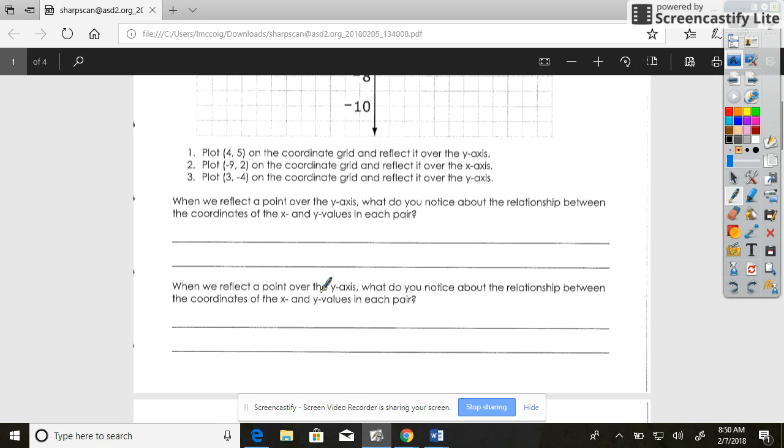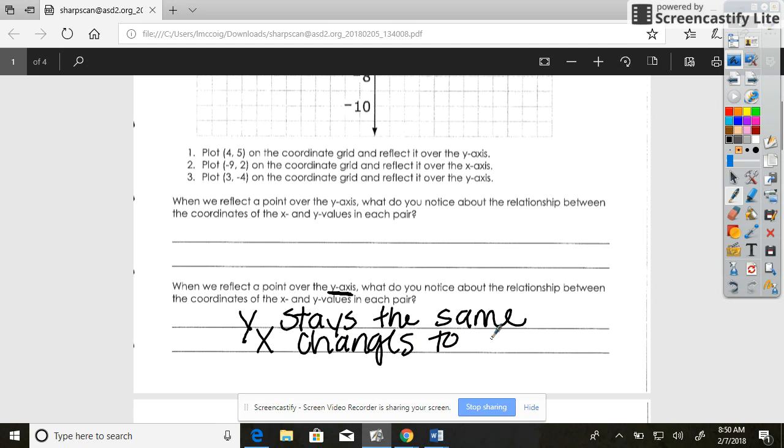So when you reflect over the y-axis, your y stays the same, but your x changes to the opposite. And those came straight from the notes on your board.